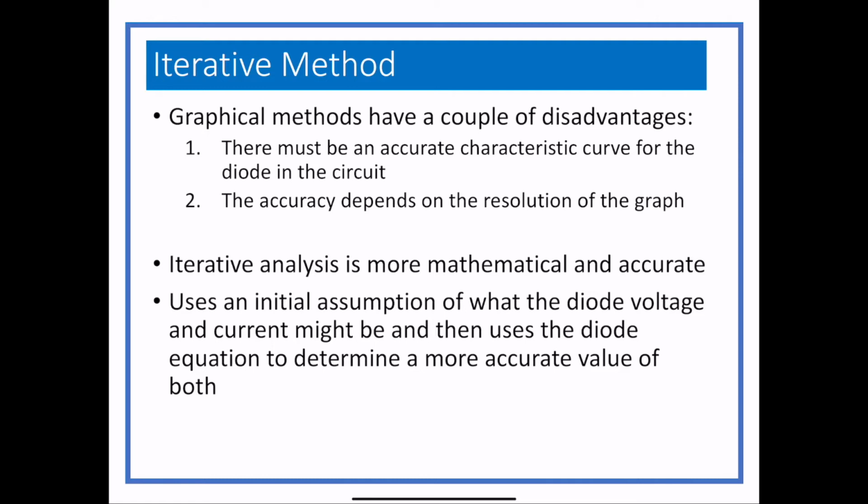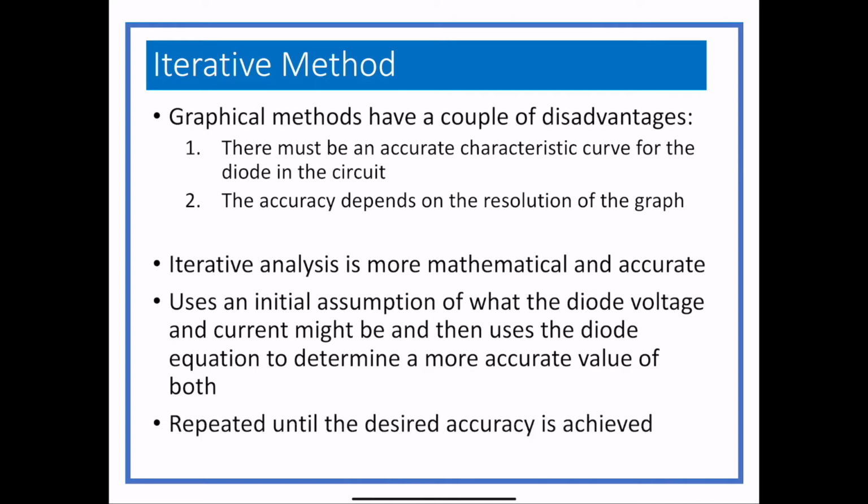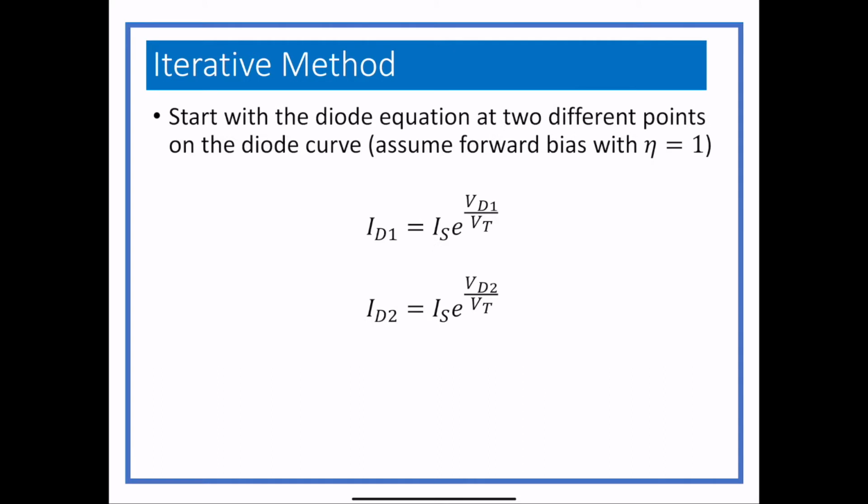That's always a little scary because we have to make assumptions and sometimes we don't know what those assumptions should be, but we can usually assume a diode voltage, if it's silicon, of about 0.7, and then we can make a guess at what the current might be initially. Then we use the diode equation to come up with a more accurate value of both, and this is just repeated until a proper value is determined.